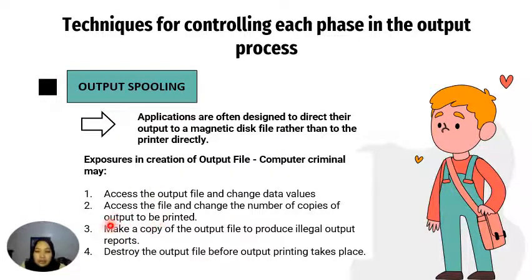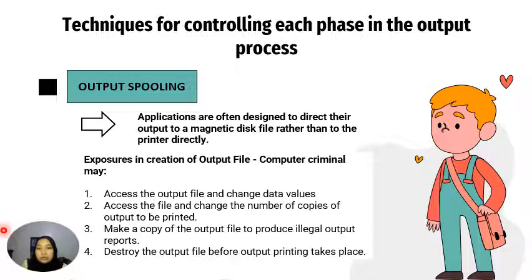The second one is to access the file and change the number of copies of output to be printed. The extra copies may then be removed without notice during the printing stage. The third one is to make a copy of the output file to produce illegal output reports. Fourth one is to destroy the output file before printing takes place.